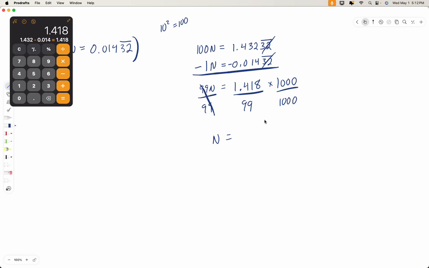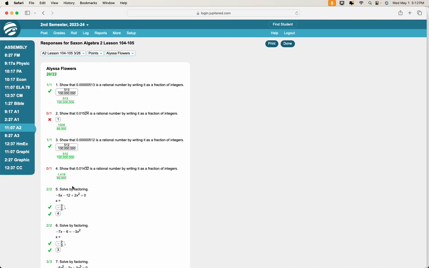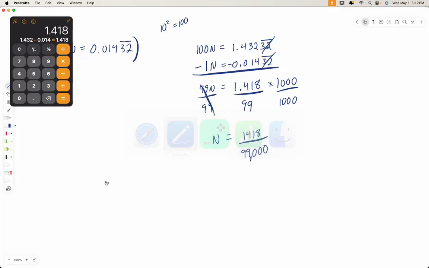So top and bottom, which gives us 1418 over 99,000, which is probably the answer. Let me check. Yep, and it's got the comma right there also. So that would be your answer.